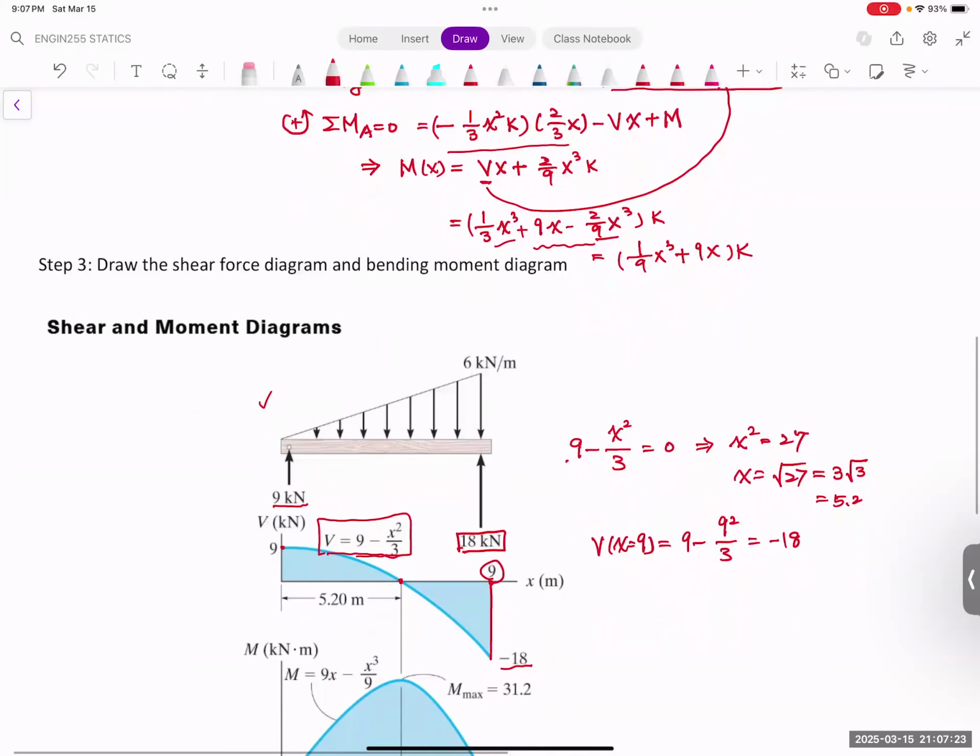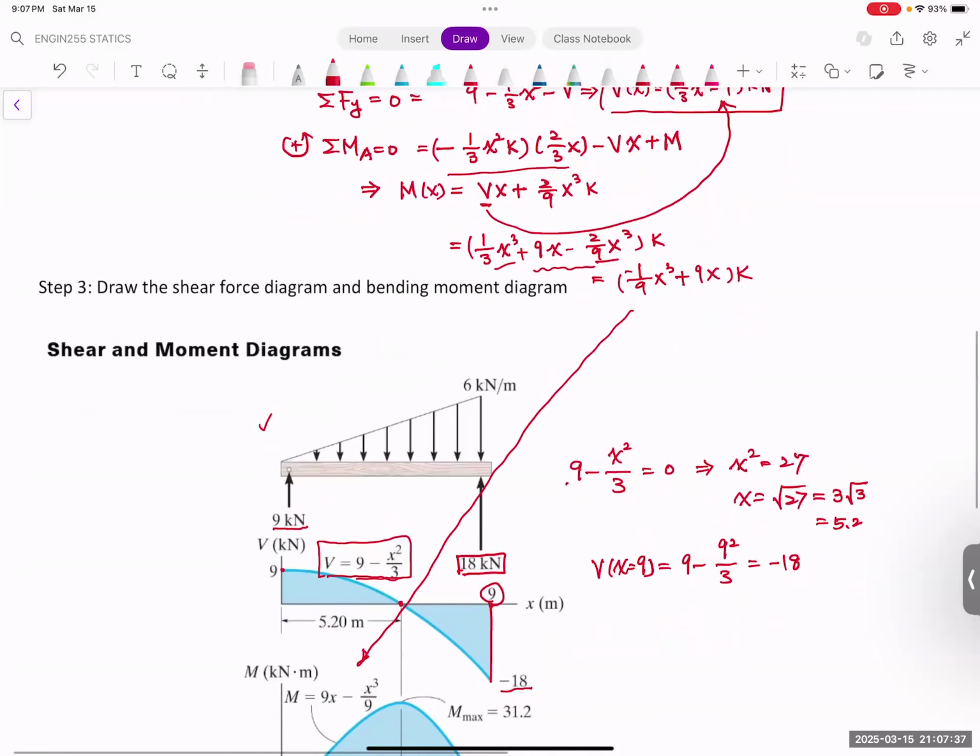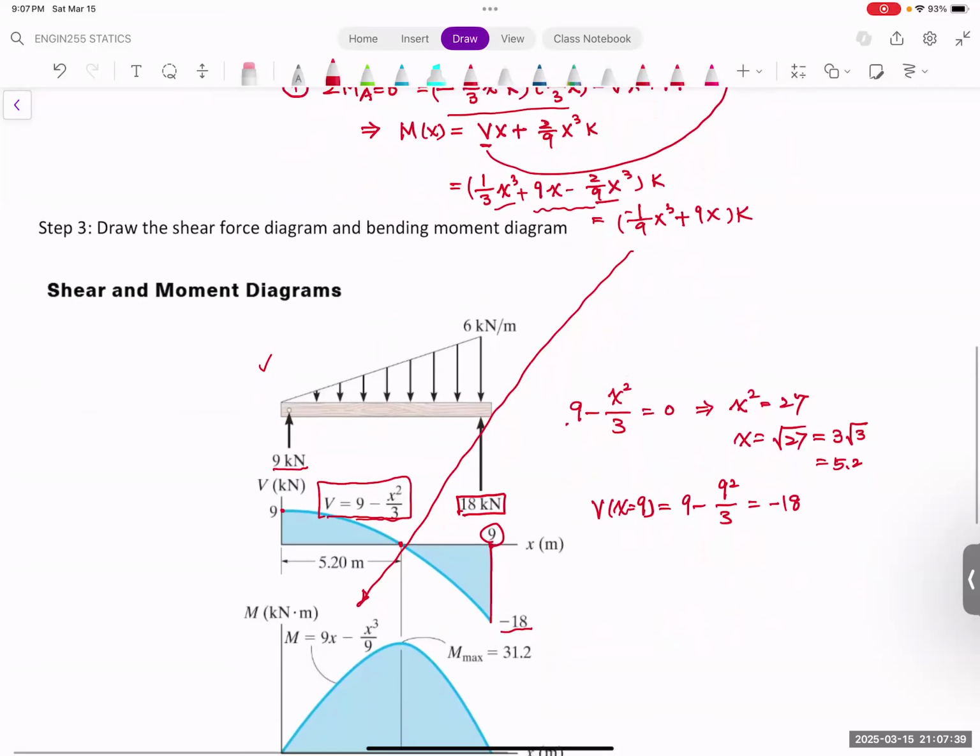And you can see this is exactly the same as this one here. So the moment is 9x minus, oh, it should be minus x cubed divided by 9.